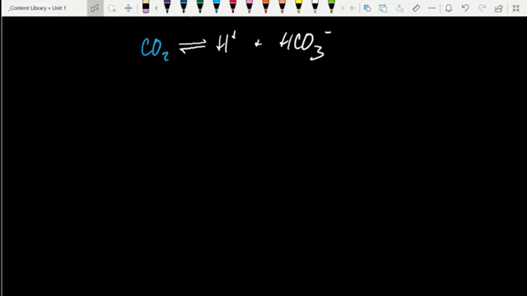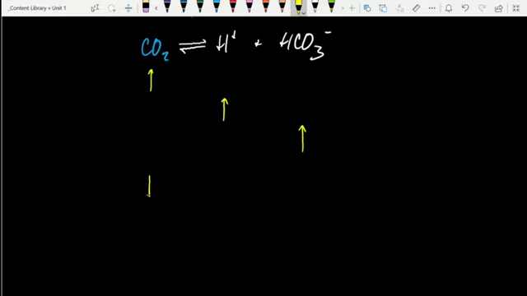And what we want to be able to do is determine, we've got 6 different possibilities for ways that we can stress this system. We can increase carbon dioxide, or we can increase hydrogen ion, or we can increase bicarb ion, or we can flip the whole thing around.